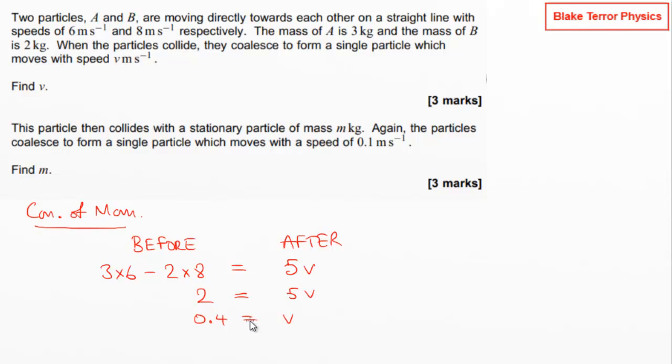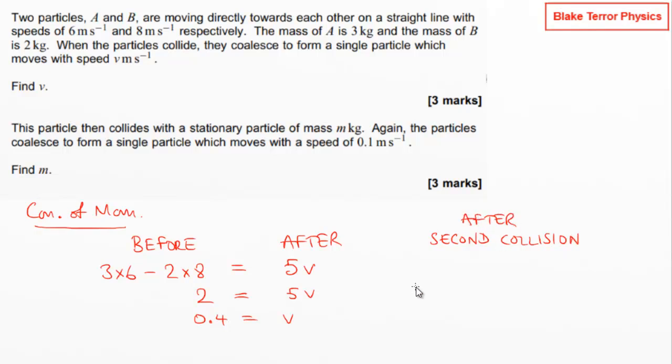We then have the particle collides with a stationary particle of mass m, and they coalesce again. Okay, so we've got another one. So let's call it the second collision, or at least after the second collision.